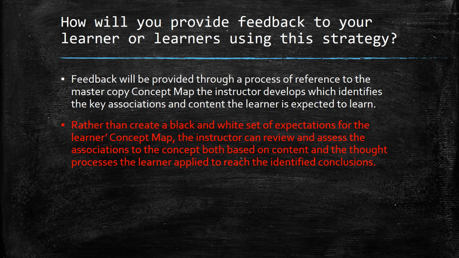Rather than create a black and white set of expectations for the learner's concept map, the instructor can review and assess the associations to the concept both based on content and the thought process the learner applied to reach the identified conclusions.